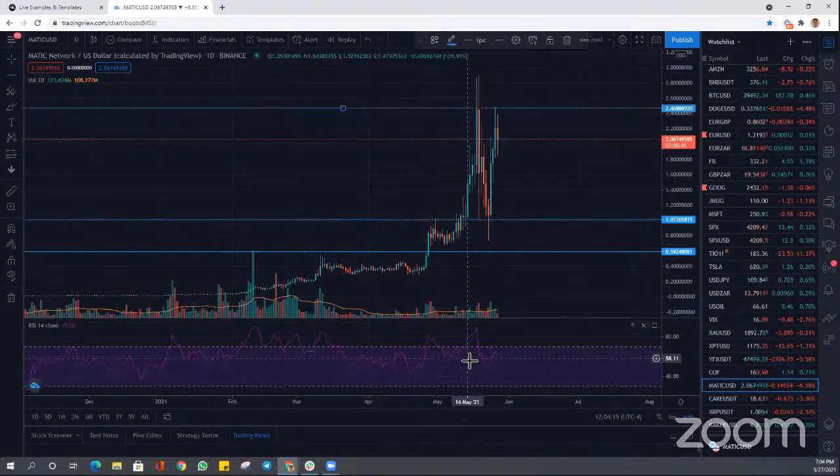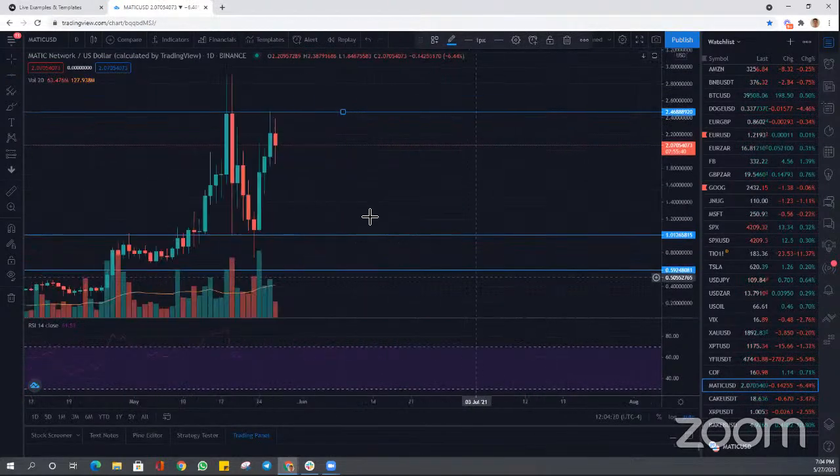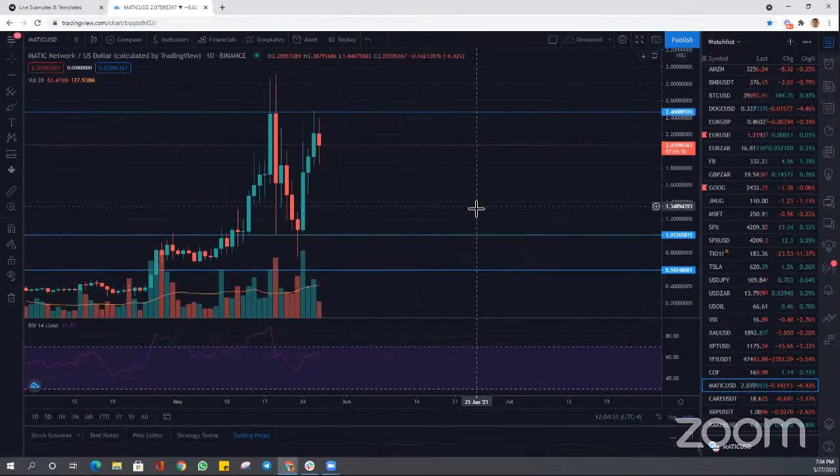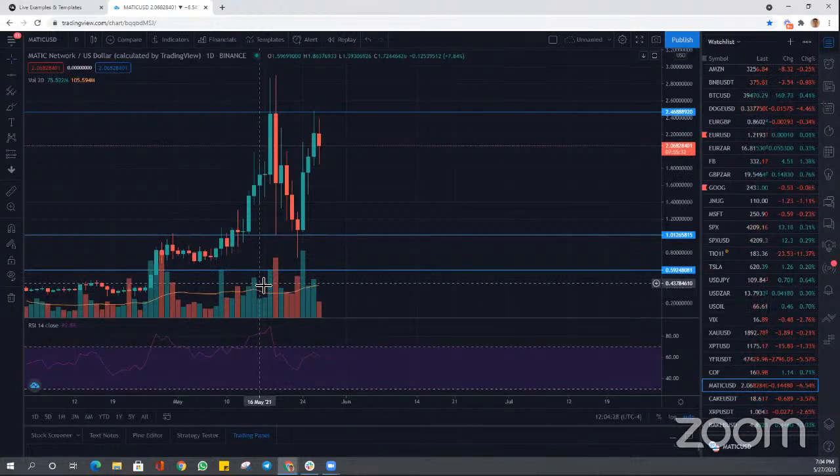Here we are. These may be some points where you may not just want to get into the market, but have a look at what's going to happen next. You can set these notifications up on our platform, so as soon as the price hits a support or resistance, you'll be notified.